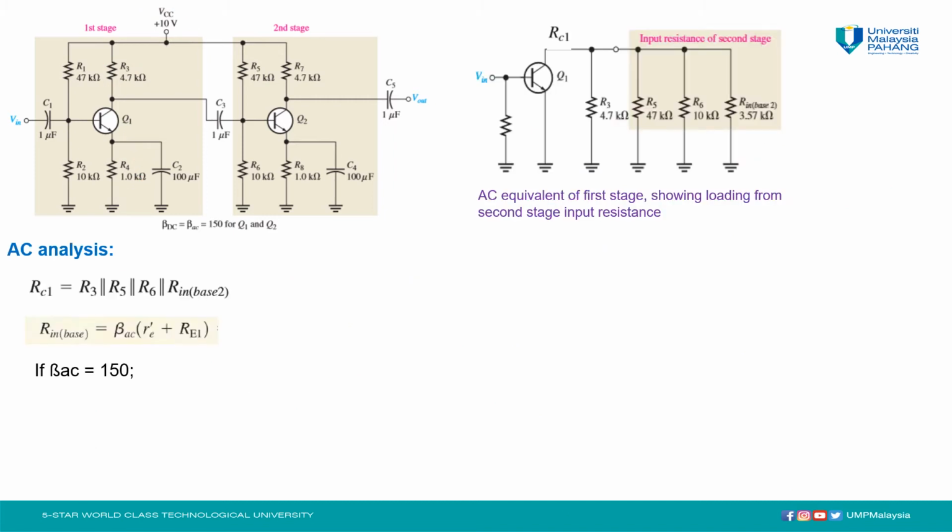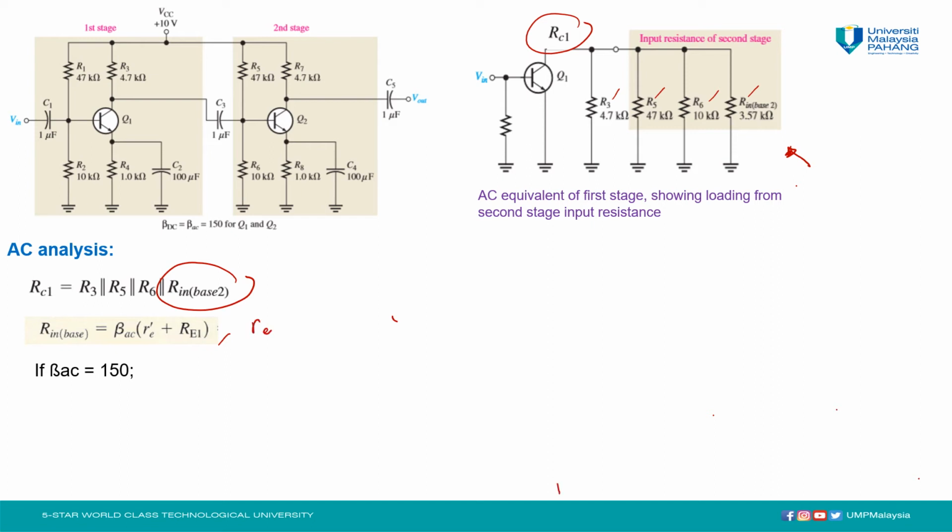Now we need to do the AC analysis of this multi-stage amplifier. Here we already have an AC equivalent circuit. To determine the voltage gain, we need to calculate RC1, where RC1 is given by R3 parallel with R5 parallel with R6 and parallel with R in base. This R in base 2 is given by beta AC times RE prime plus RE1. So now we need to calculate RE prime.